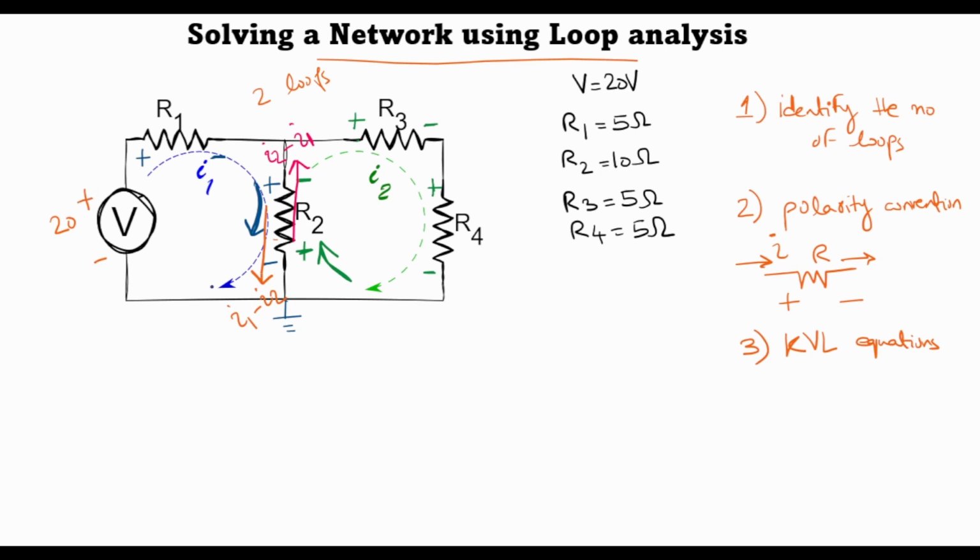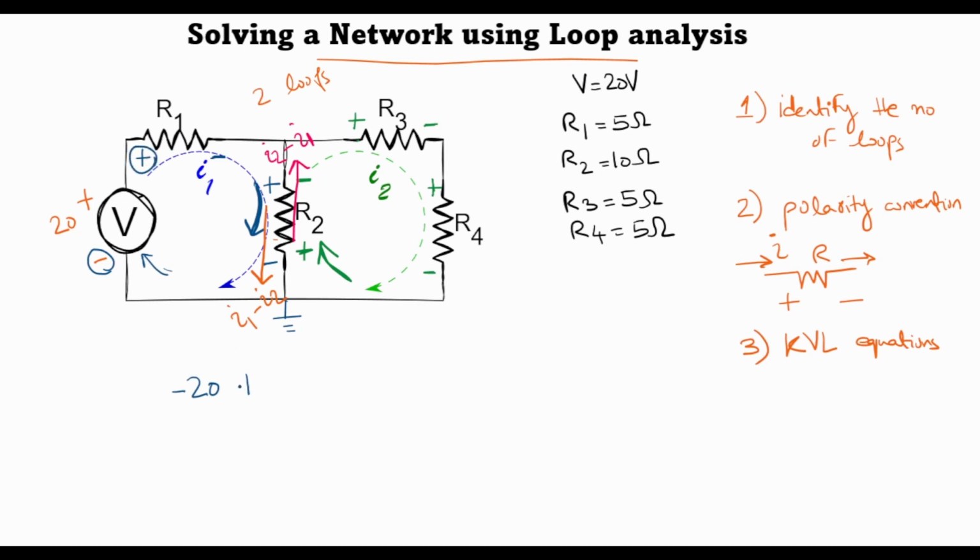Now I can just follow the loop and take notice of all the polarities while I'm entering each element. So I enter this battery from here. You can start from anywhere, but I'm starting here from this battery. I encounter a negative, so I write negative 20. Then I go to my resistor R1 and I see a positive.